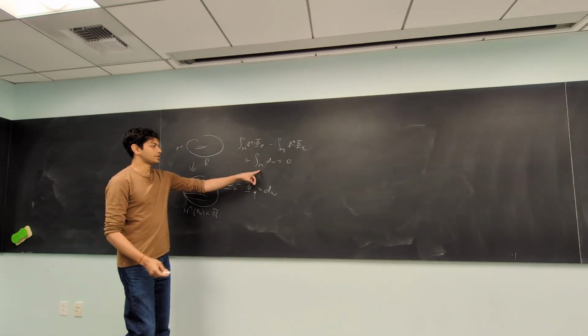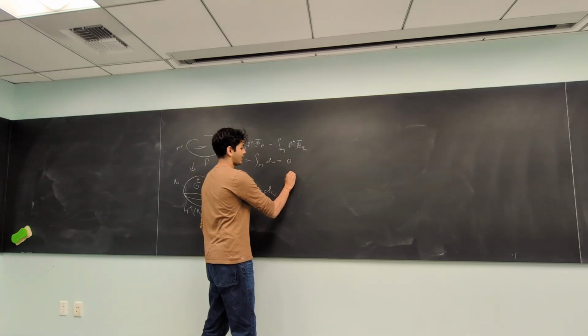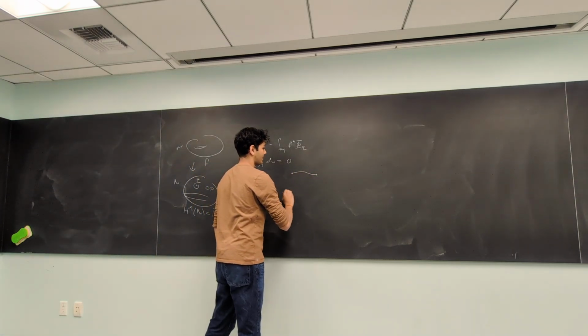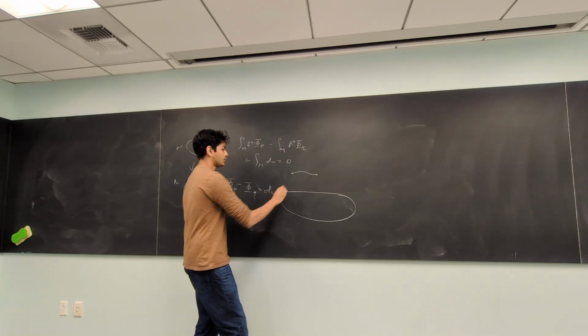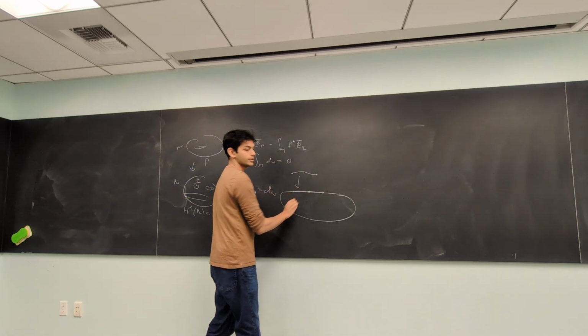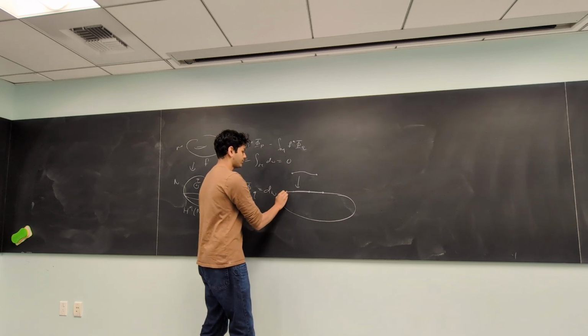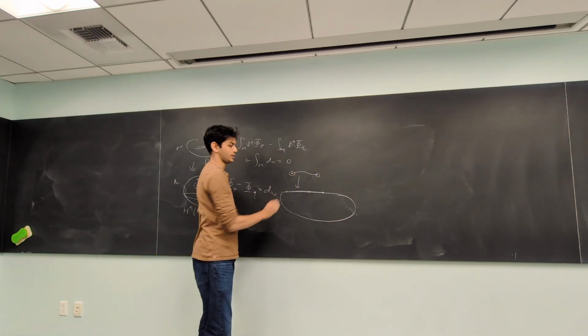This point that M is a closed manifold is important, because imagine that M was this interval mapping down to, say, a circle. If you project it down here, these points will have preimage 1, but these points will have preimage 0. The issue is that M has a boundary over here.